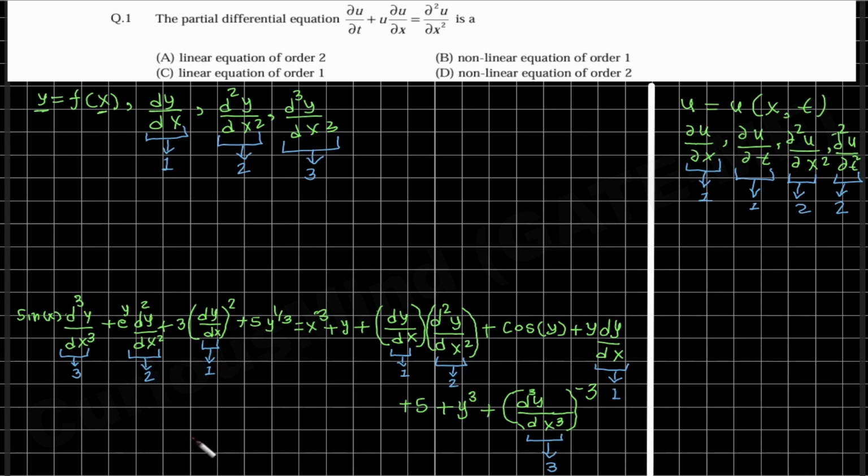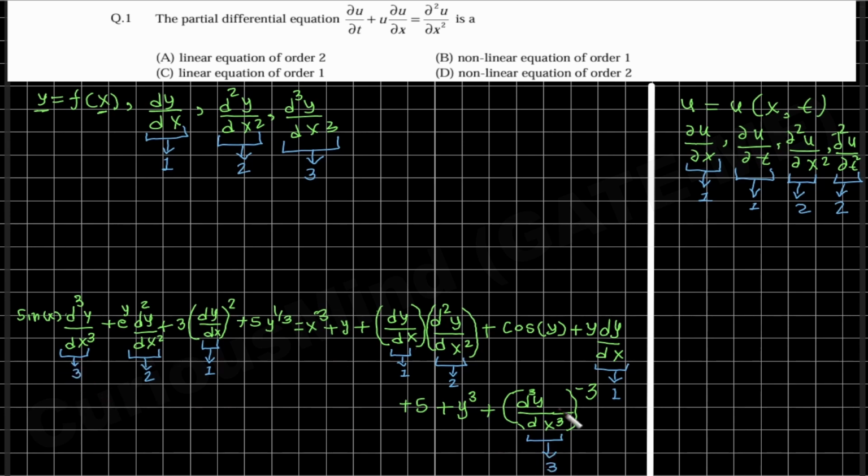So, while looking at the highlighted values of orders of all the derivatives present in our exact differential equation, the highest value is 3, which is in the first term and in the last term. So this becomes the order of our exact differential equation, 3. All right.